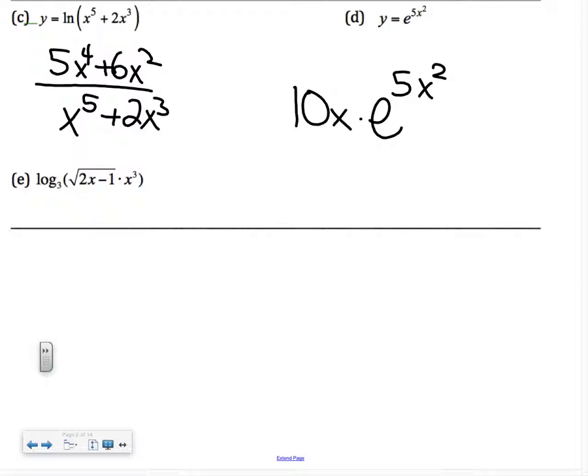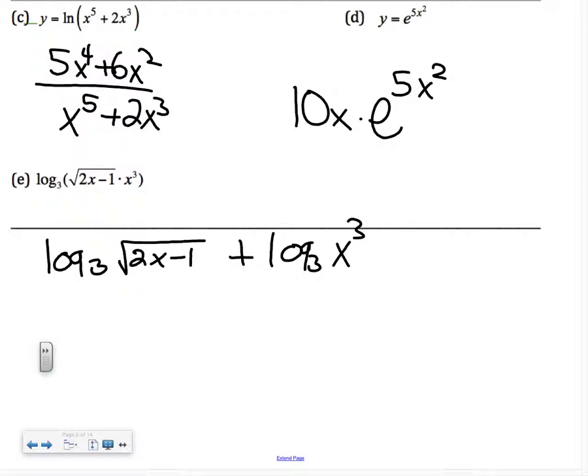So what I'm going to do is split this apart first. I'm going to write it as log base 3 of the square root of 2x minus 1 plus log base 3 of x cubed. And we know that powers can come in front a lot, so you want to do that too because that'll make life easier on you.